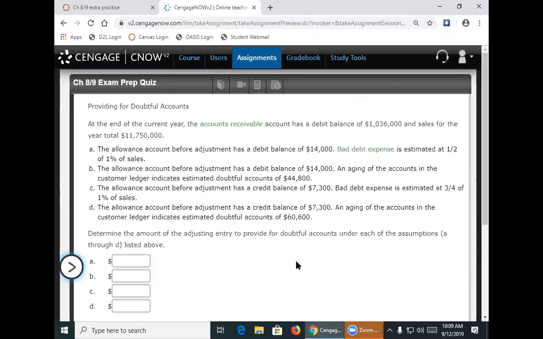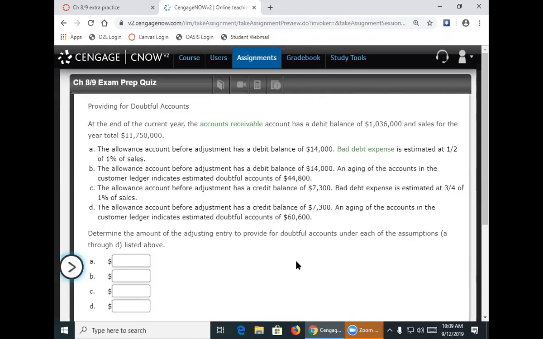So they're saying it has a 14,000 debit balance, and then they're giving you the estimate of 44,800. And so you add that to get your adjusting entry. Yeah, you're calculating the adjustment amount.